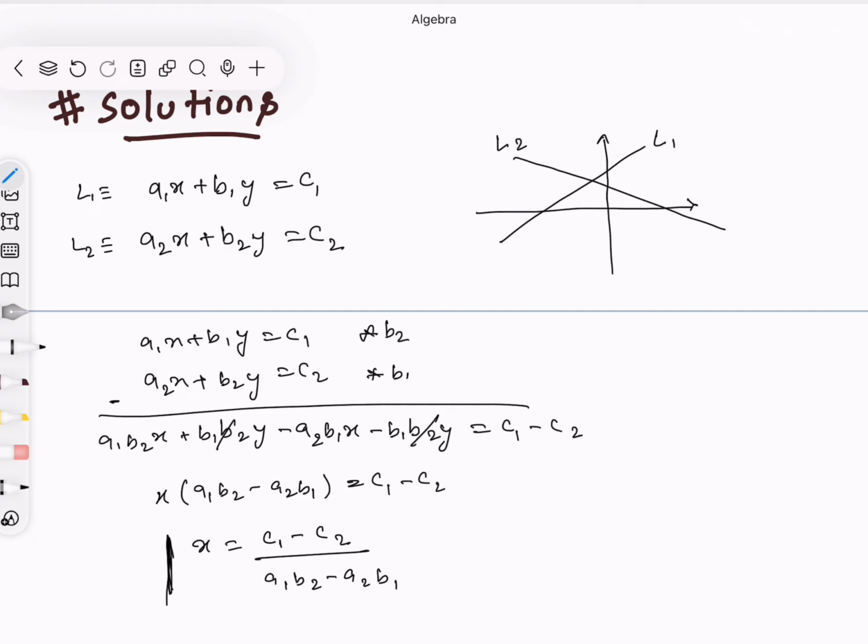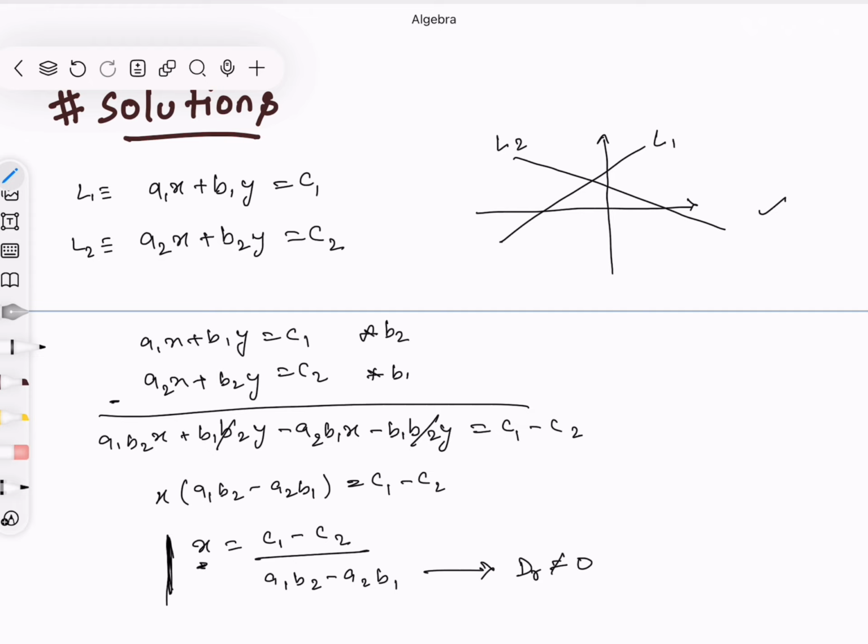Now look, you cannot have the denominator equal to 0, right? Because if this is 0, then x becomes undefined, and if x becomes undefined, that means you cannot draw the line on this graph.